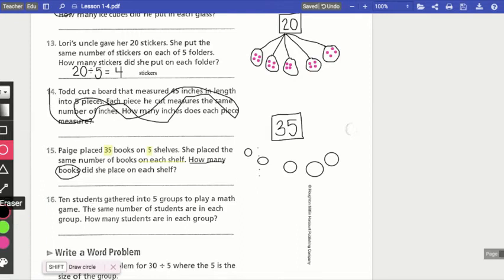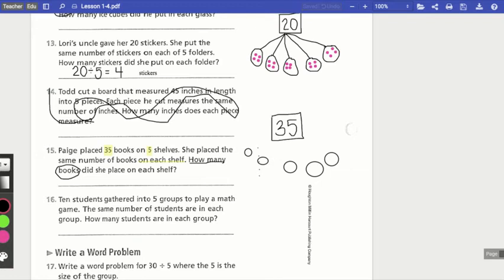Regardless, this time, because we did the dots in our drawing last time, I'm going to let you use your 5's finger count bys. So go ahead and count by your groups of 5 to figure out how many groups of 5 it will take to get to 35. Go ahead and get your counting fingers ready. 5, 10, 15, 20, 25, 30, 35.